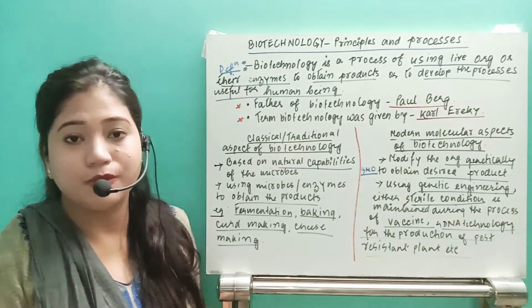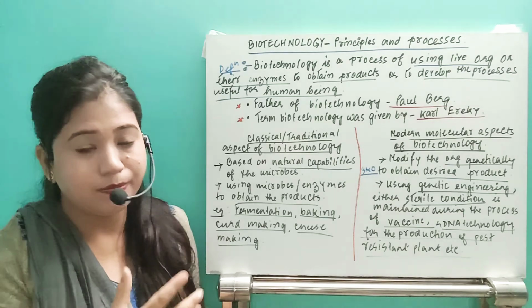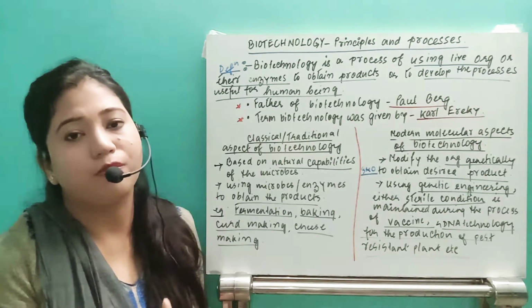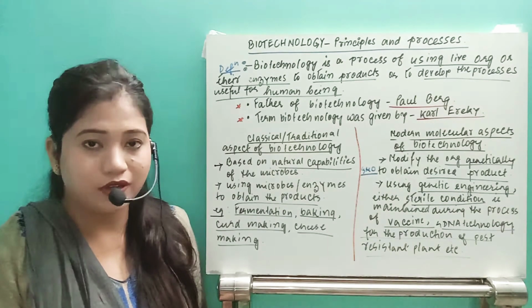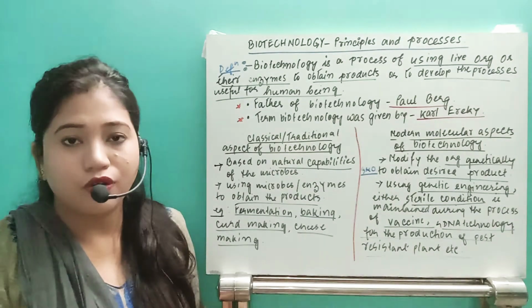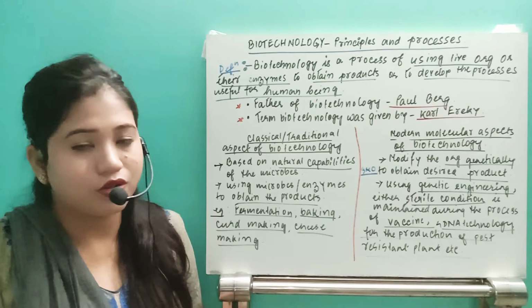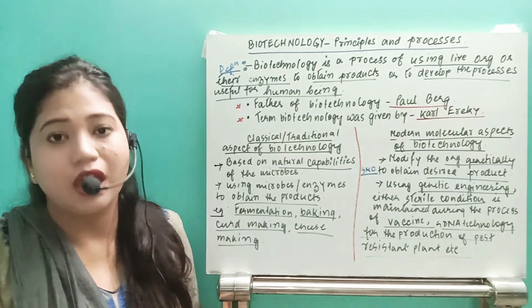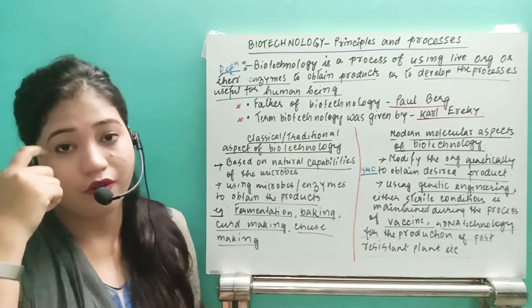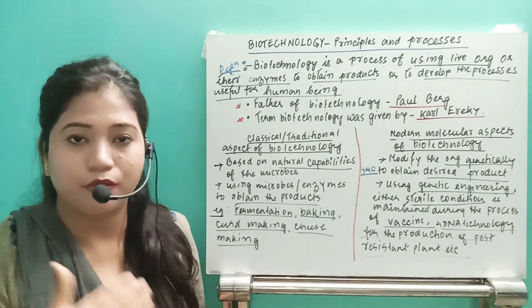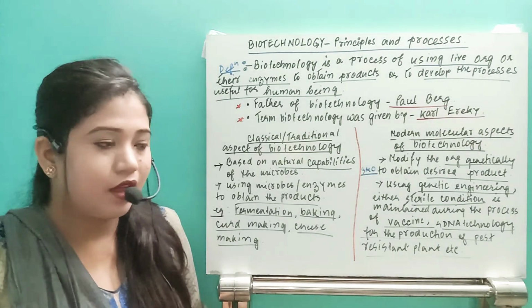One example is the BT plant, that is BT brinjal also you can see, or BT cotton. Now in India BT cotton is prevalent. There are a lot of pests like cotton bollworm, okay. That bollworm eats the leaf of the cotton plant, so that the production of cotton is very less.